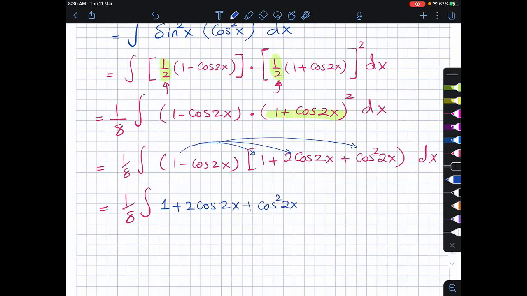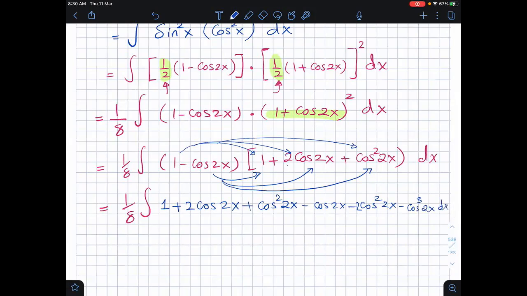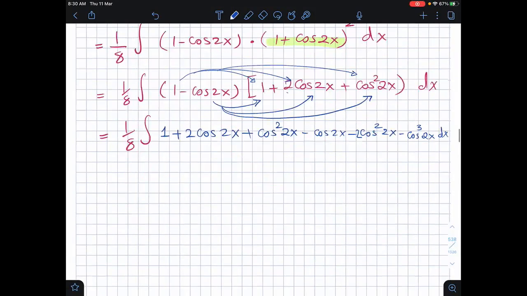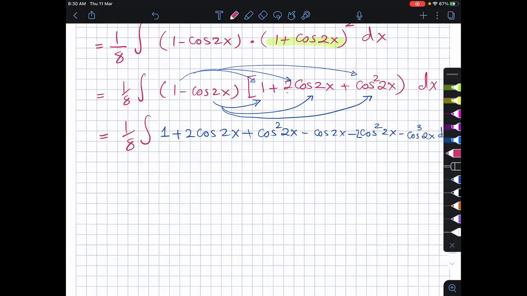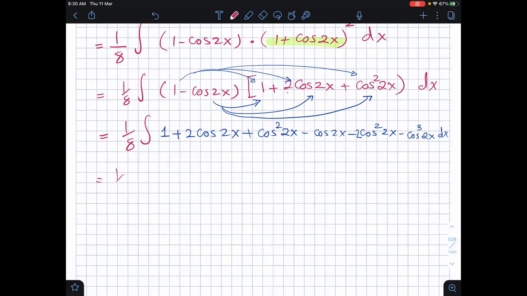And then minus cosine 2x, then minus 2 cosine squared 2x, and then minus cosine cubed 2x. Let's see if there's anything that cancels. First of all, 2 cosine 2x with negative cosine 2x is going to become 1 cosine 2x.